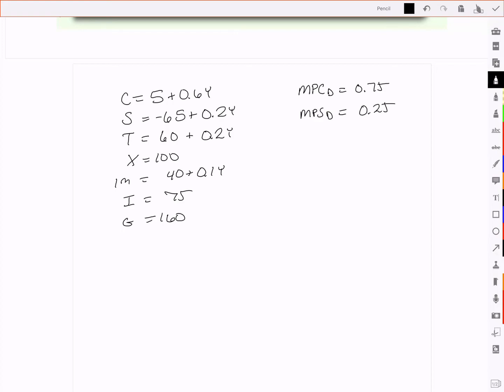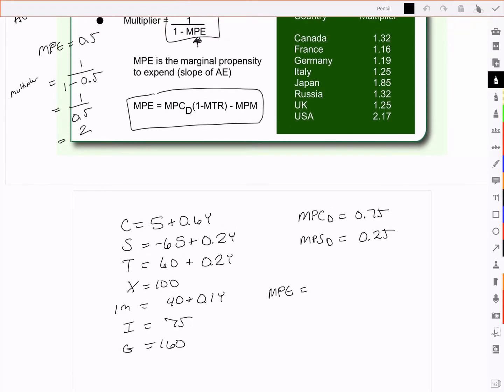We've been asking you as we've developed these formulas what each of them mean, and right now let's look at how we can get the marginal propensity to expend from these formulas. The marginal propensity to expend can be found by taking the marginal propensity to consume of disposable income, times 1 minus the marginal tax rate, minus MPM. The marginal propensity to consume of disposable income is 0.75.